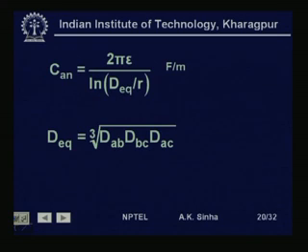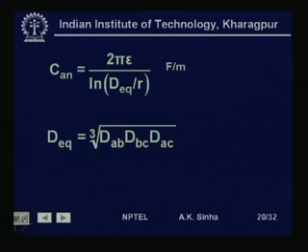In general, instead of having D as we have seen earlier, if the conductor spacings are not equal, that is, we do not have an equilateral configuration of conductors, then other configurations can always be converted into an equivalent equilateral configuration, where the distance d is equal to DEQ, the equivalent equilateral configuration distance.